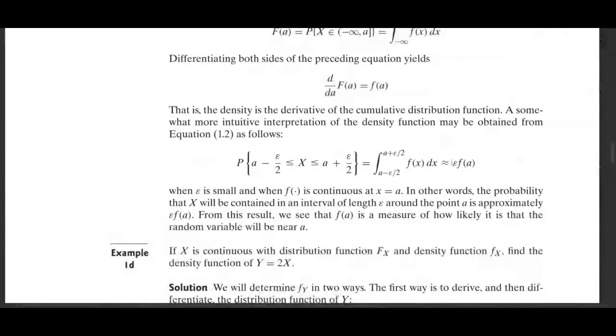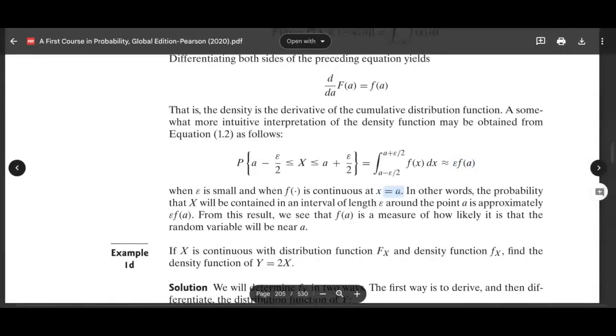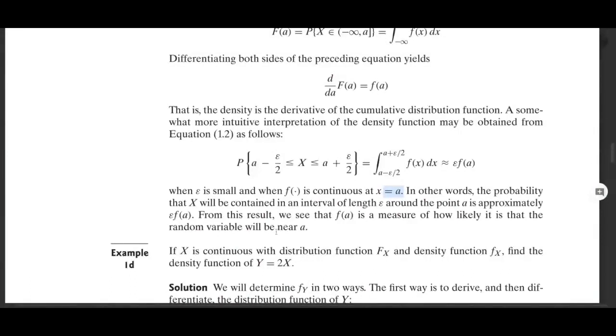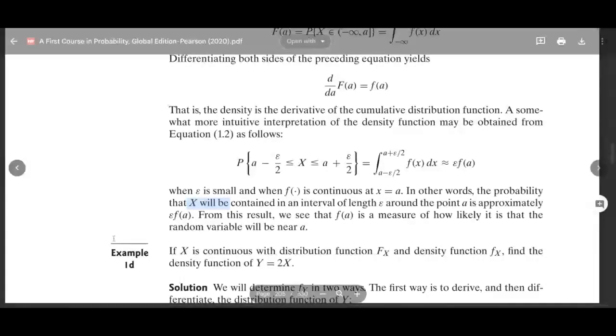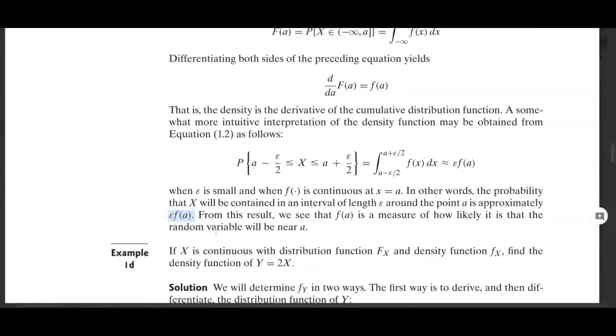If you use this, that equals epsilon times f of a, where epsilon is very small and f is continuous at the particular number a. In other words, the probability that X will be contained in an interval of length epsilon around the point a is approximately epsilon times the density function evaluated at a, because we cannot talk about exactly at the point, since at one value the probability is 0.